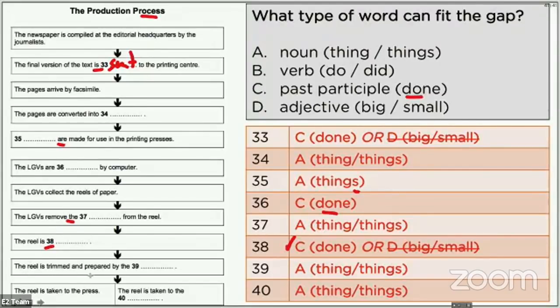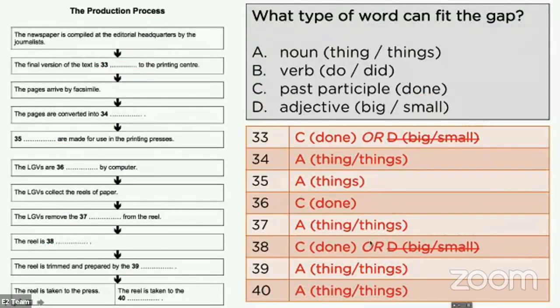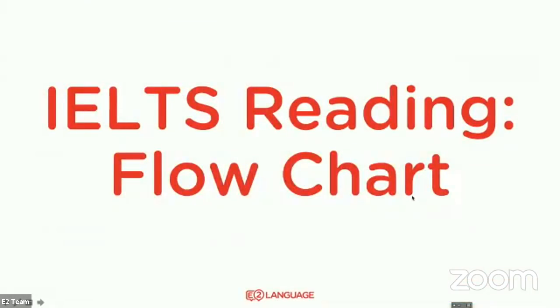The reel is trimmed and prepared by the, again, we've got the article, so we're going to have a singular or plural noun. And here the reel is taken to the, we need a thing or things here. Again, a singular or a plural noun. That's hard. Go back, think about this if you can't get this, because this will help you on test day.